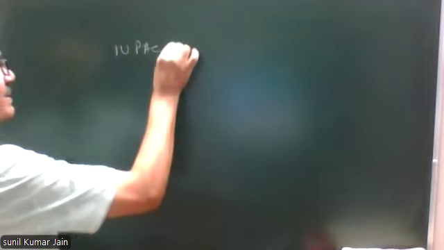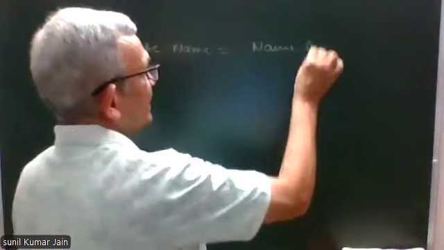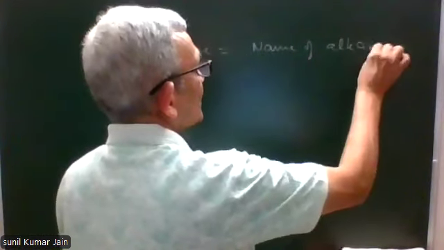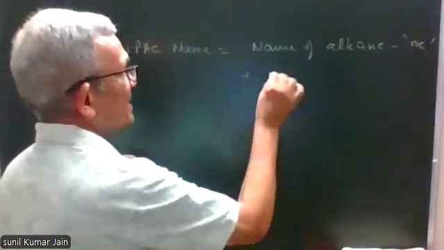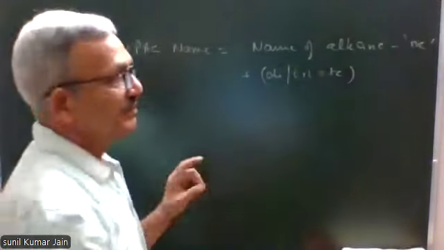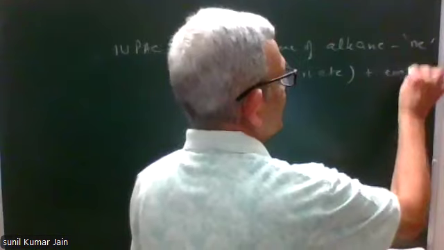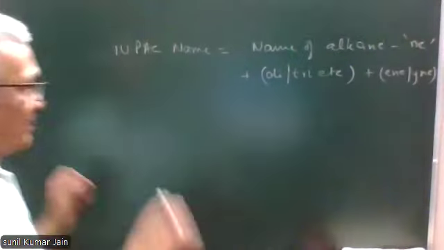If there are two or more double or triple bonds between carbon atoms, then the IUPAC name of the compound will be name of alkane minus 'e' plus di or tri, etc., as the case may be, plus 'ene' or 'yne', as the case may be. I'll take an example.